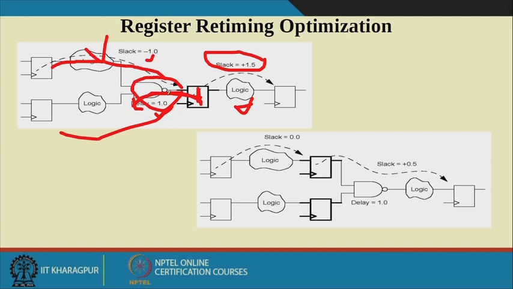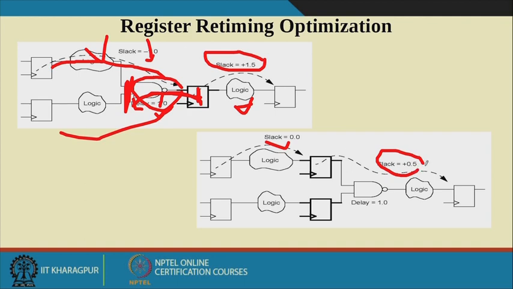So at that time what will happen, this will be plus, so this one and this one will be just leveled, so here slack will be 0. As I am borrowing this delay by putting this register at the input side of this NAND gate, the slack in this particular path will become 0.5 from 1.5.